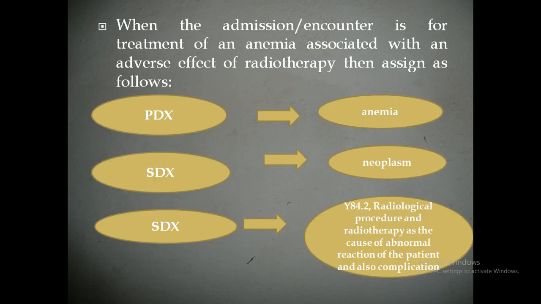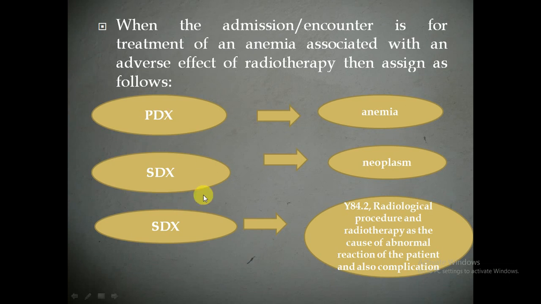So whenever patient is admitting for treatment of the anemia as well as the neoplasm, and suppose patient is having adverse effect of the radiotherapy, so in those conditions how to code we will see. So first we have to give the anemia as the principal diagnosis, then the neoplasm, similar to the previous one, how we have seen in the chemotherapy, immunotherapy.